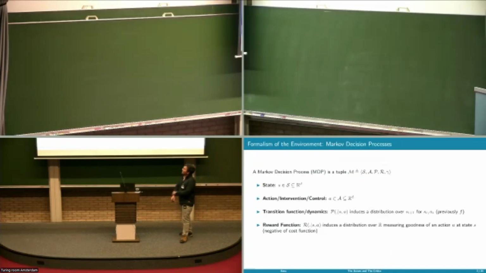Since we are talking at the juncture of control and reinforcement learning, this is known in different communities in different ways, like action, intervention, or control. We have states. Luckily, states are mostly called states everywhere. Then the transition function, which we'll take as a distribution over the next states given the present state and action. And the reward, which again we'll take as a distribution over real scalar values, measuring the goodness of an action in a state, right?